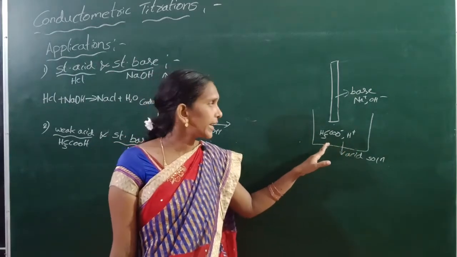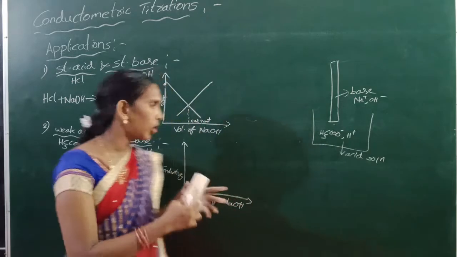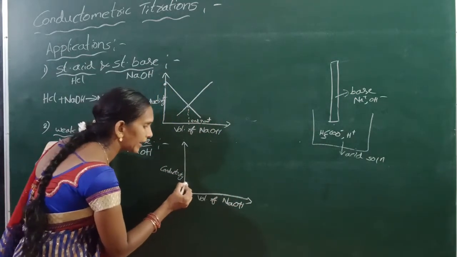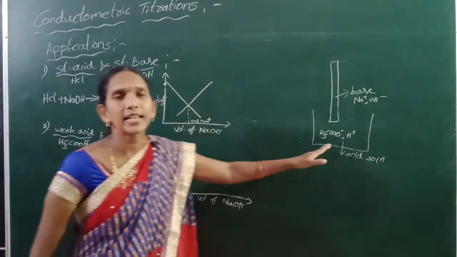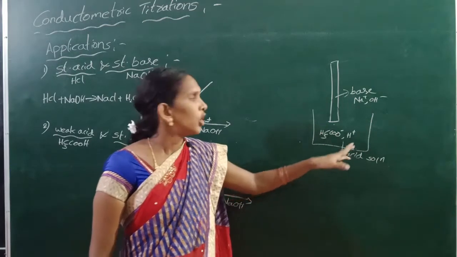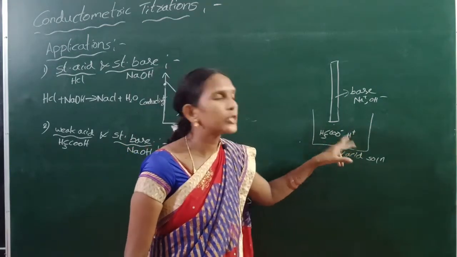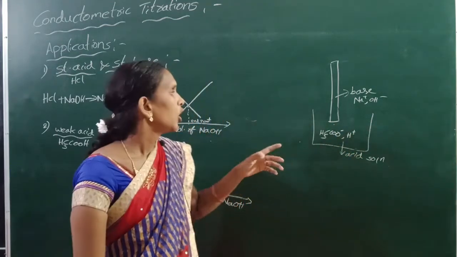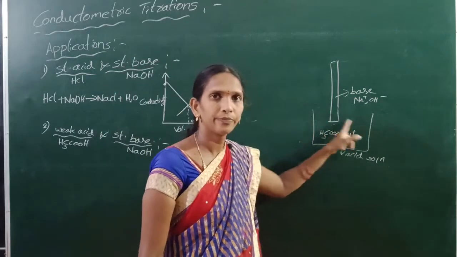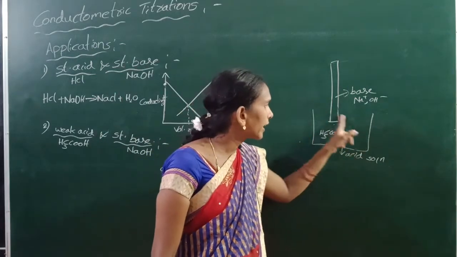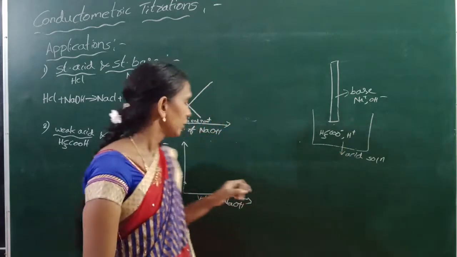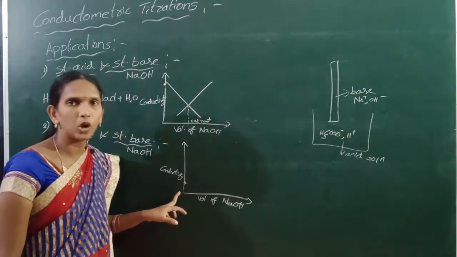Initially the conductivity of acetic acid is low. Why? Because of low ionization of H+ ions, slow moving. So the conductivity is low.